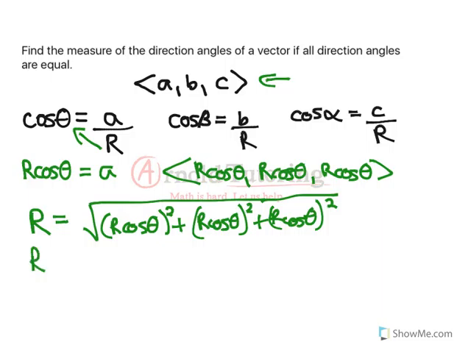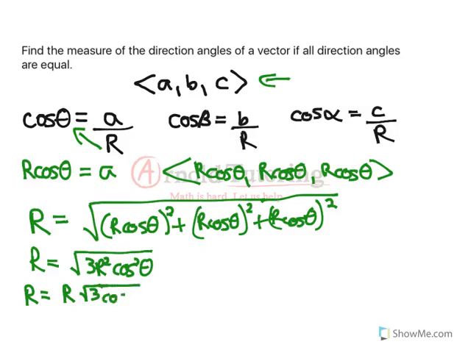If we simplify this, we get r equals the square root of 3r squared cos squared theta. Now, if we bring out the r on the right side, we get r equals r root 3 cos squared theta.